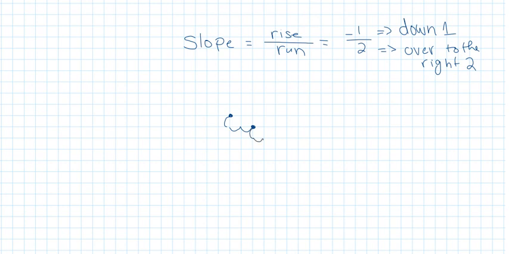If I follow exactly the same trend over and over again, they're going to form a straight line, right? They're forming a line.